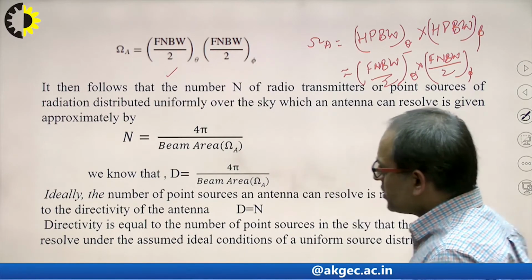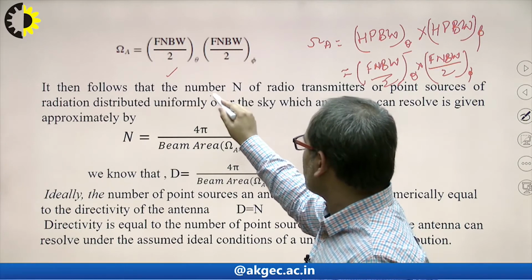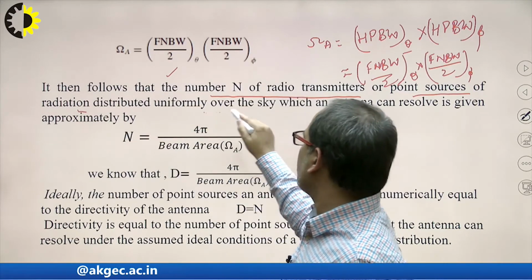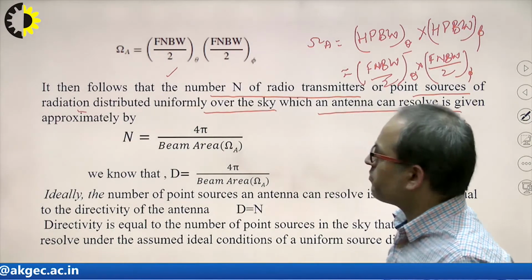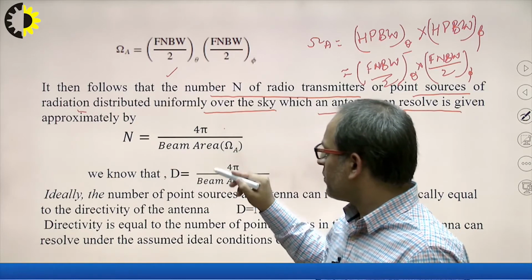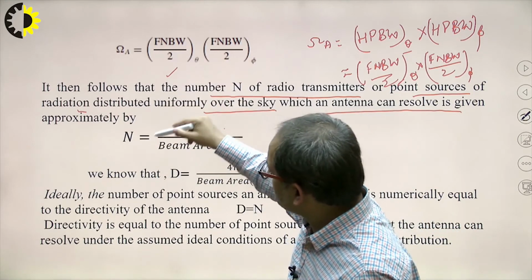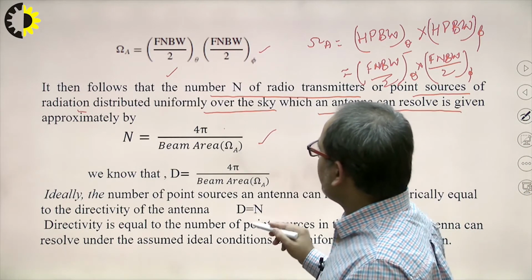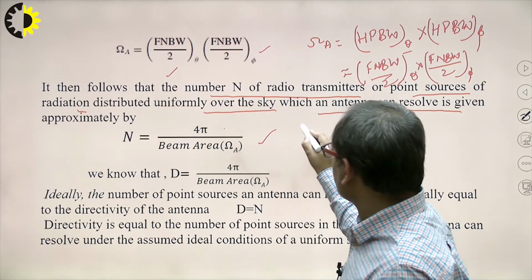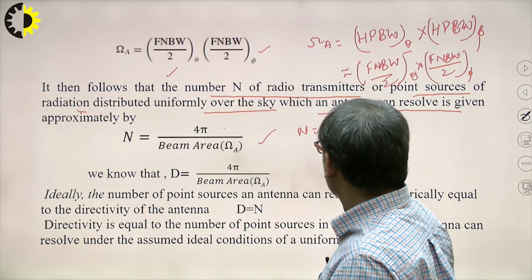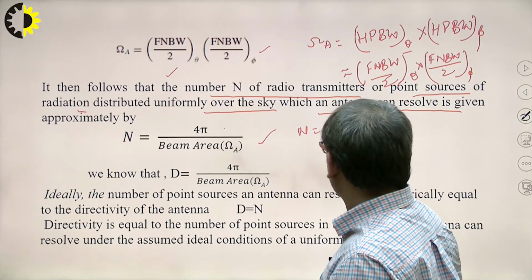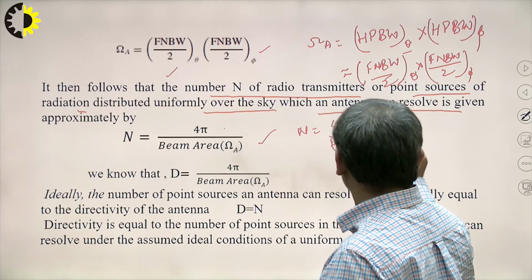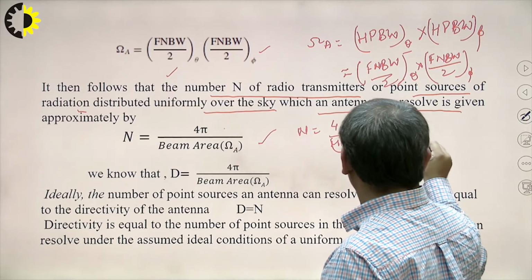Now as we know, the number of radio transmitting point sources radiation distributed uniformly over the sky which the antenna can resolve is given by N equal to 4 pi upon the beam area. Now on comparing these two equations, we get N equal to 4 pi upon half power beam width in theta multiplied by half power beam width in phi.